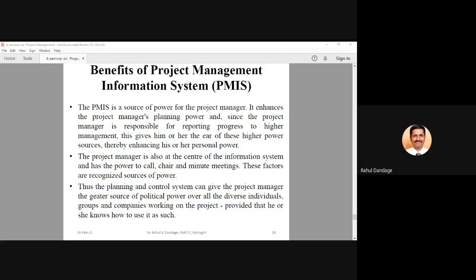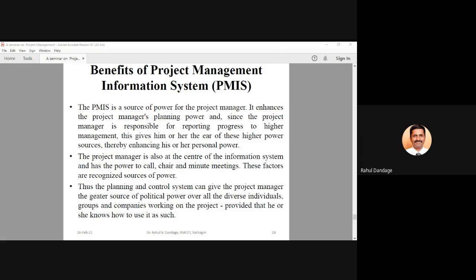So, whenever it is about to submit the progress reports to the higher management, this particular PMIS will be very helpful to the project manager. The project manager is also at the center of information system and has the power to call, chair, and minute meetings. These factors are recognized sources of power.